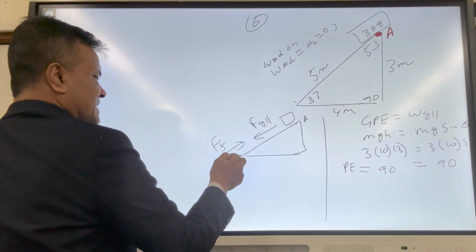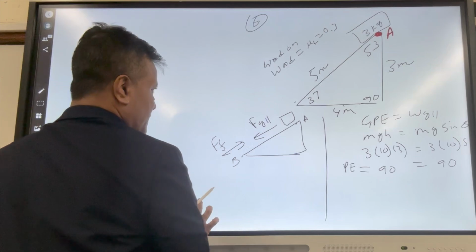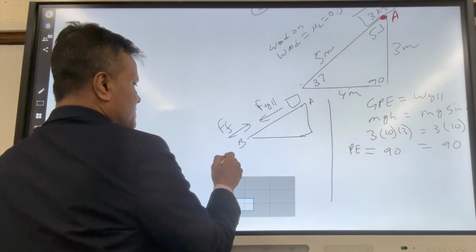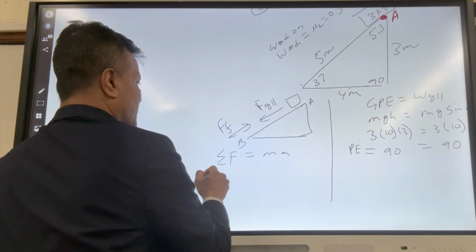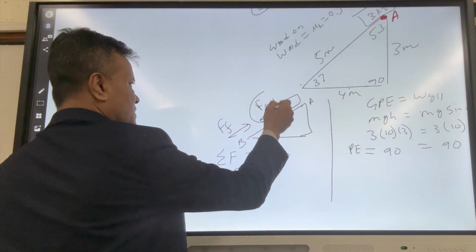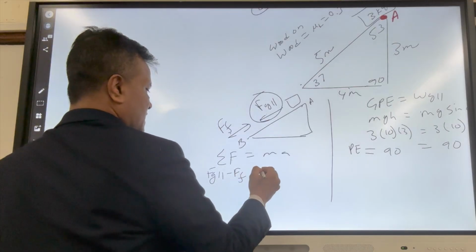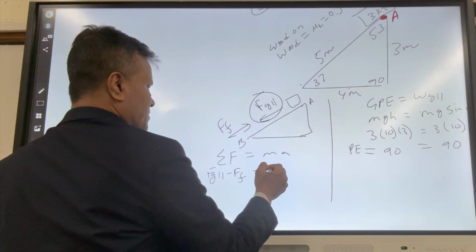By the time it gets here it's not going to be 90. How much? That's what we're going to find. Let's start with Newton's second law, F equals ma. So how many forces? 2, Fg parallel minus Ff. Which one is positive and which is negative? The bigger one is always positive, the smaller one is always negative. So m is m times a.